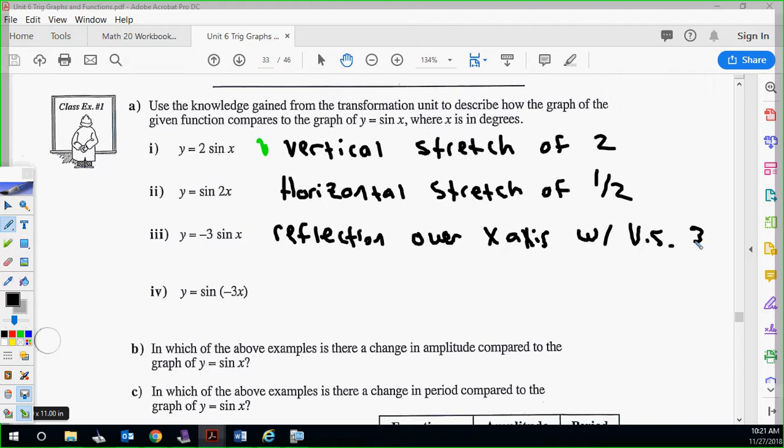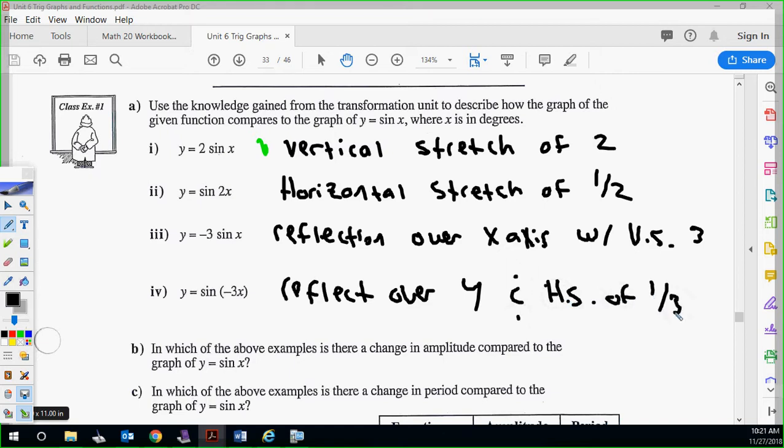Good, reflection over the y-axis and horizontal stretch of 1/3. One thing too, guys, a couple of you still do this, and it's not quite right. You don't put the negative as your stretch. We don't say horizontal stretch of -1/3. We say 1/3. The reflection takes care of the negative. So make sure you don't do that.